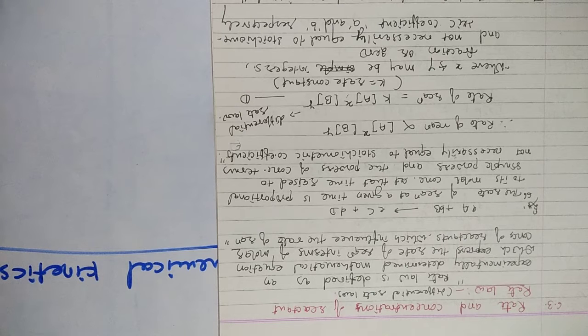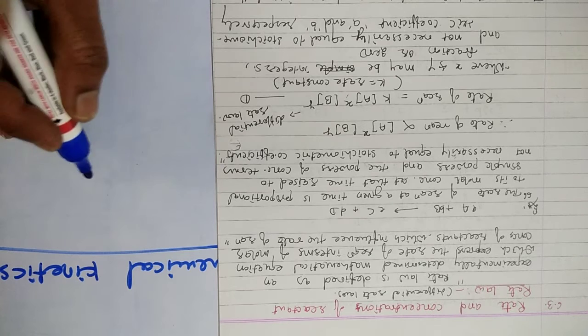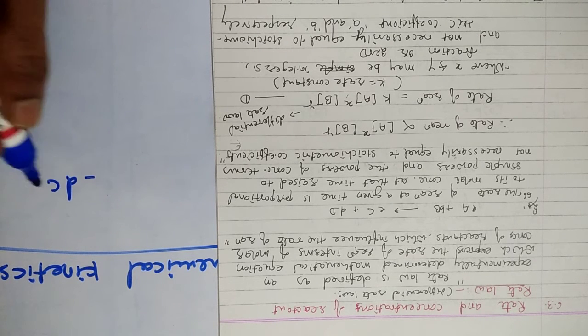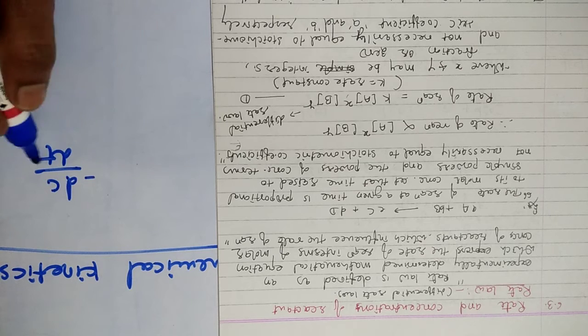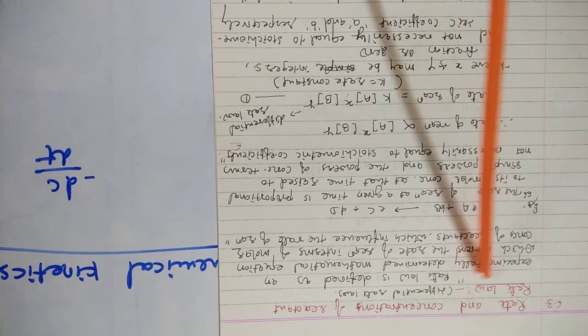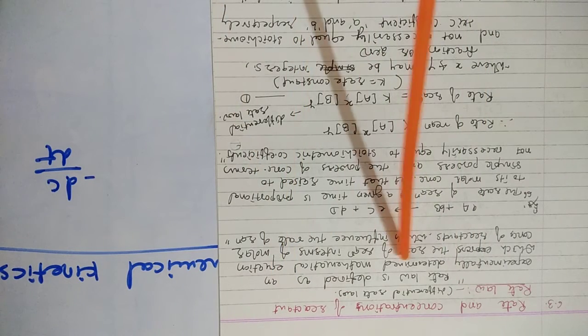The decrease in the concentration of the reactant or increase in the concentration of product per unit time is the rate of a chemical reaction, and it is simply represented in terms of concentration of the reactants as dC upon dt, where dC is the small change in concentration with respect to time dt.